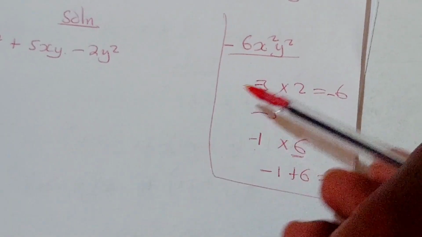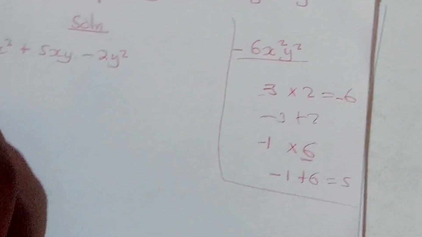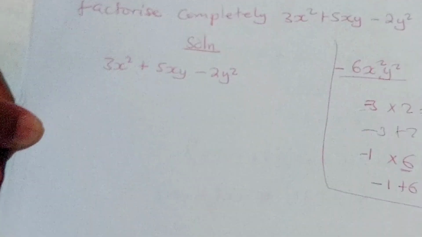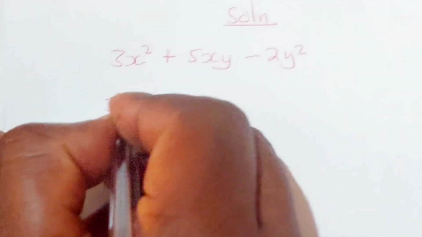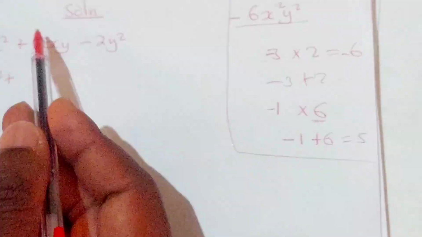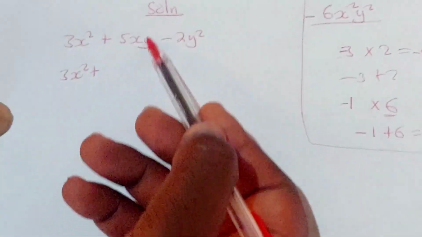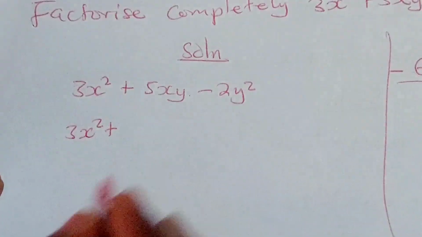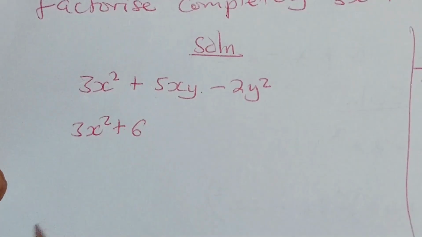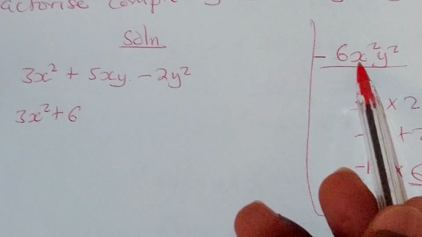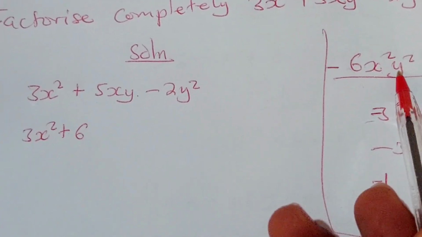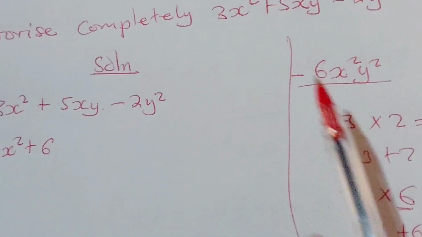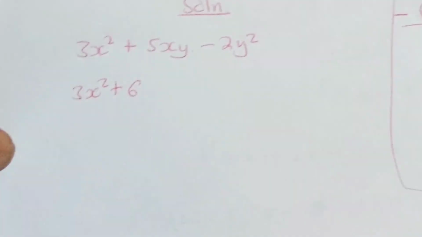Remember, we are going to do this separately, not where you are solving your question. So here we go. 3x squared plus, now we are bringing in our factors. We are replacing the middle term with our factors. So it is going to be 6, but our product is bearing the variables x squared and y squared, therefore we are also going to include these variables in the factors here.